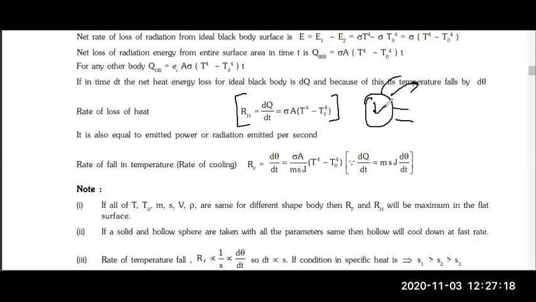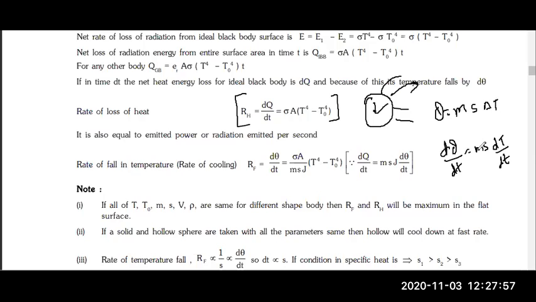And for this substance, Q is basically m s delta T, yes or no? Because it is losing heat, using calorimetry. Now, can I say that for this object, the rate of change of heat is m s dT by dt?